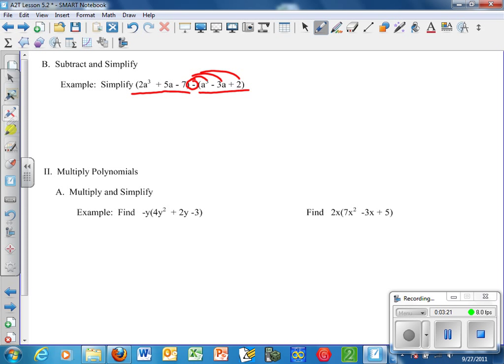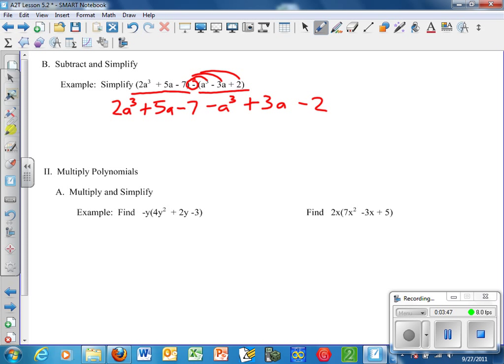There is no opposite sign in front of the first trinomial, so you can just drop off the parentheses. So you're going to have 2a cubed plus 5a minus 7. Okay, those signs stay the same on those terms, but now you distribute your opposite sign, so you're going to have minus a cubed, and then it'll change to plus 3a and minus 2. So we get a list of terms there. We have 6 of them.